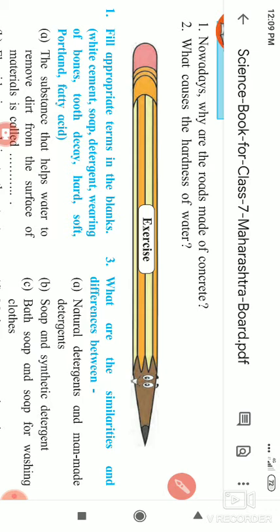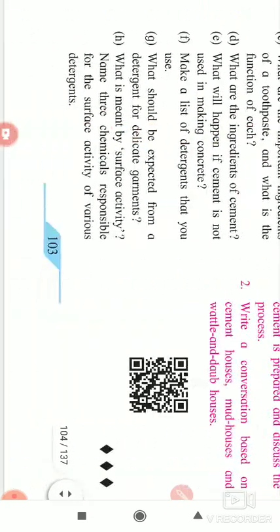Okay, understood all of you? And I told you before, to reduce the hardness of water, we have to use detergent powder whenever we use such water for cleaning our clothes. Then you just apply soap on it, and your clothes become clean.